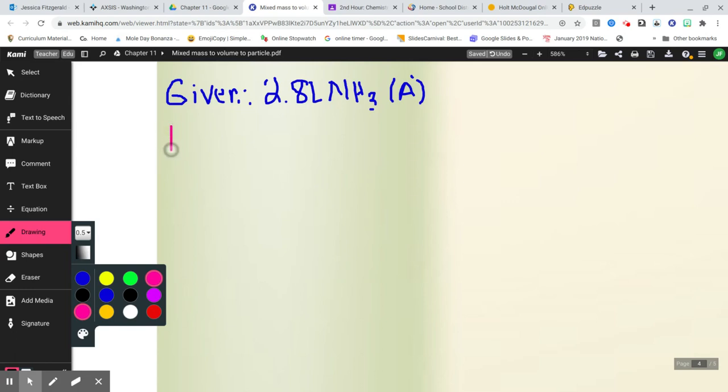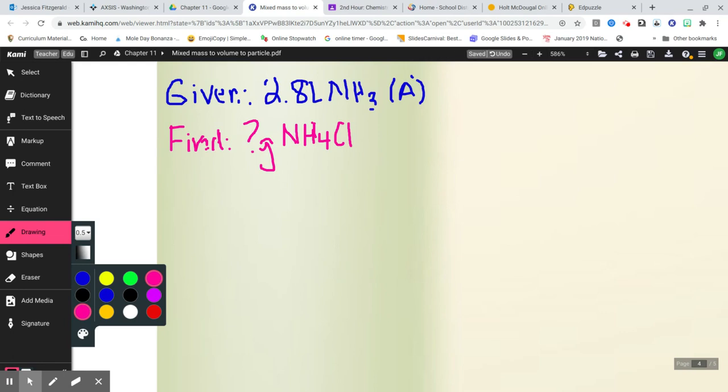And our find is going to be the mass. So how many grams of NH4Cl? So we're always going to start with our find.